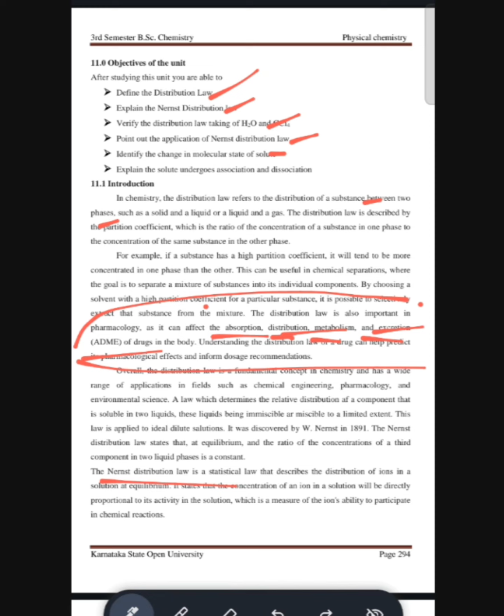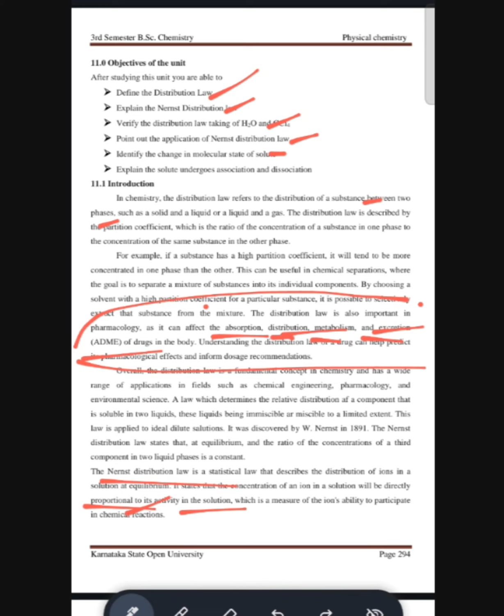It states that the concentration of an ion in solution will be directly proportional to the activity of the solution, which is the measure of the ion's ability to participate in a chemical reaction, that is, the concentration of ions present in the given solute.